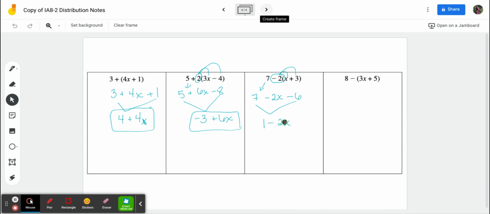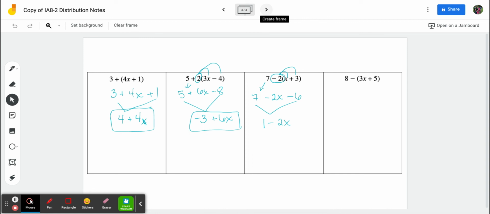One thing I want to note is when we're distributing we're multiplying, because this is being multiplied by this quantity. This is being multiplied by this quantity. Once we multiply it out, we are adding all of these terms. There's a video in the formative about distribution and why that works.